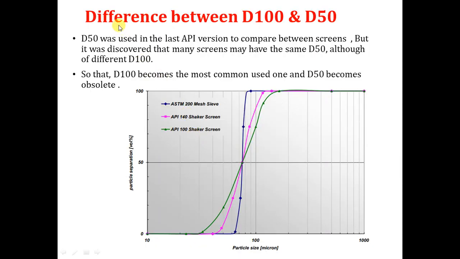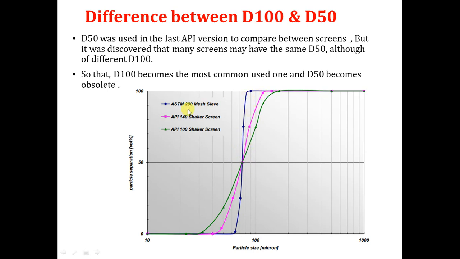Actually, what is the difference between D50 and D100, and why were we using the D50 but now we are using the D100? By making a lot of experiments, we saw that a lot of screens may give the same D50.